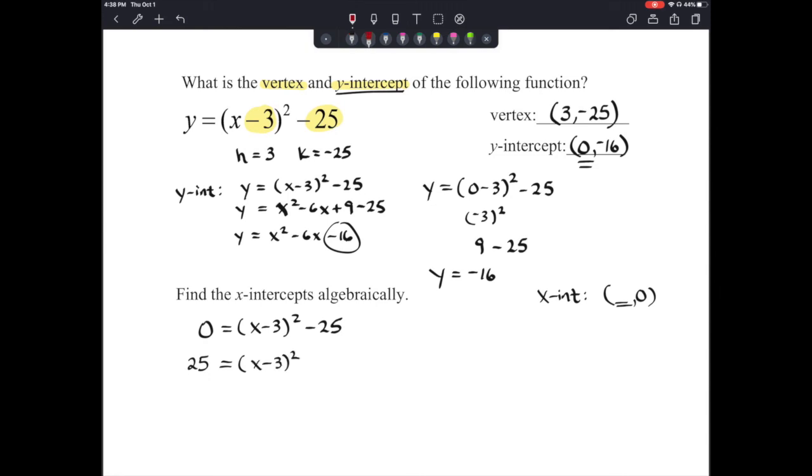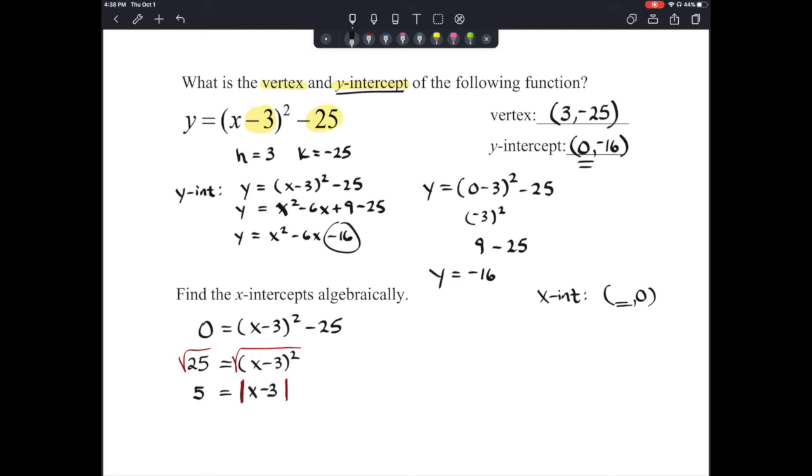Now to undo the square, we're going to have to take the square root. And this is that important part that you must remember. The square root of 25 is 5, and the square root of the quantity of x minus 3 squared is the absolute value of x minus 3.